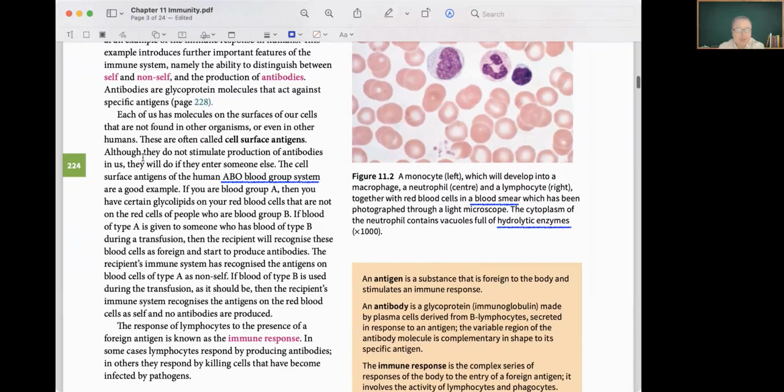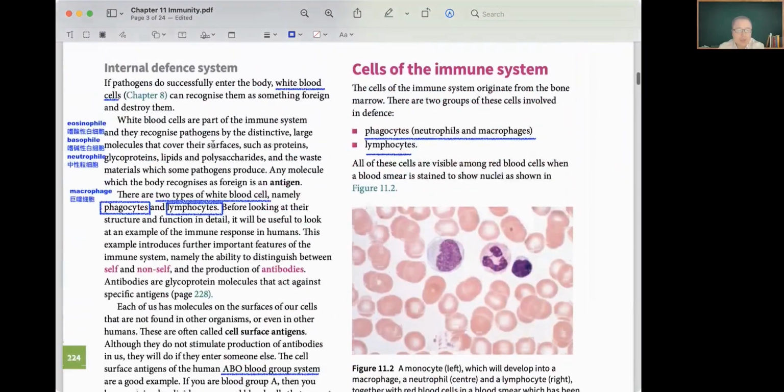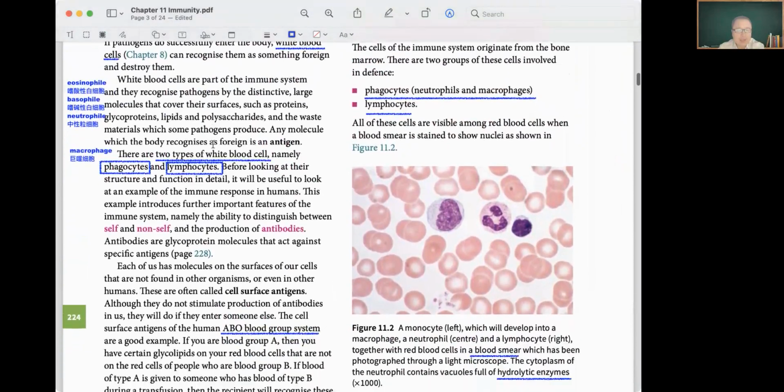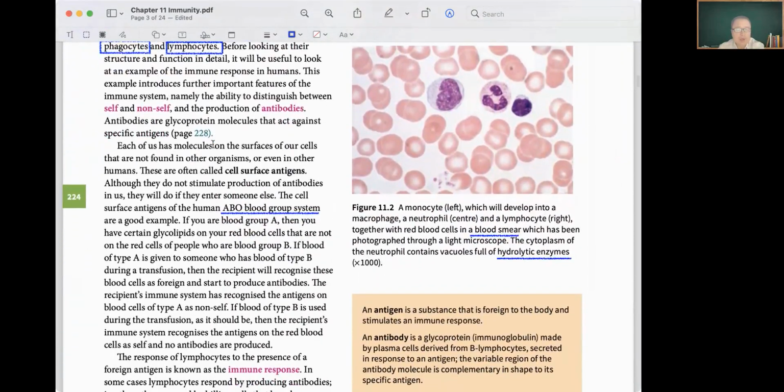As to the internal defense mechanism, I would also like to mention the ABO blood group system. So what's your blood type? You know that? Oh, so your blood type is O, right?